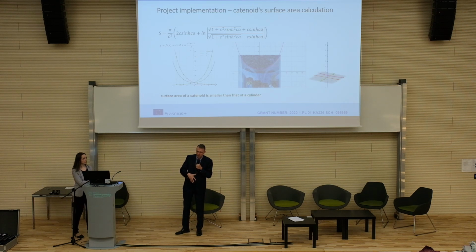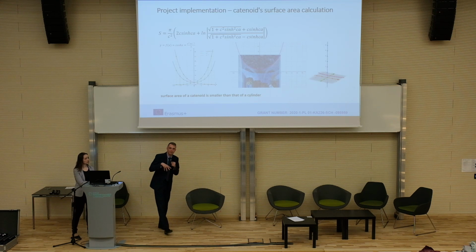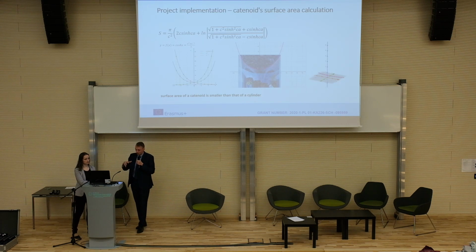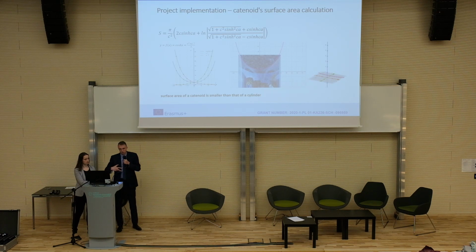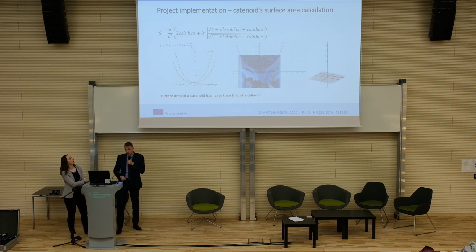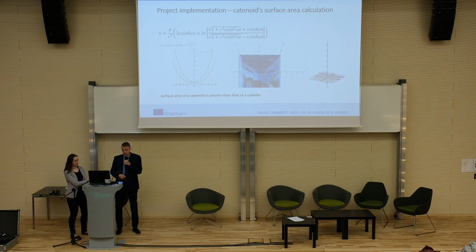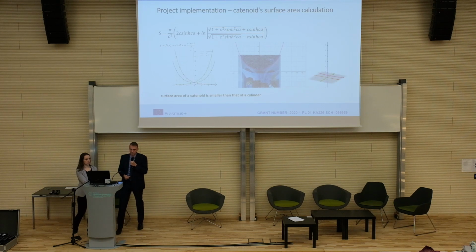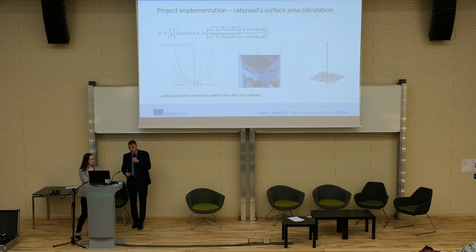They were already operating on this very formula, of course, with the use of certain parameters or values that are presented here. And the conclusion is as follows. The surface area of a catenoid is smaller than that of a cylinder, which is a very valid piece of information.